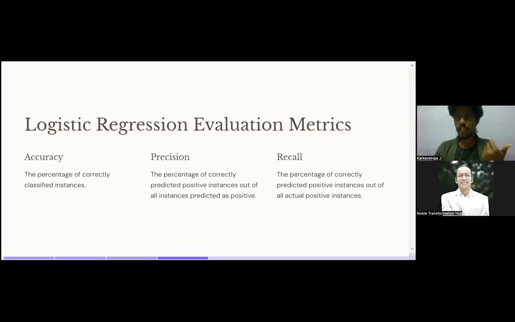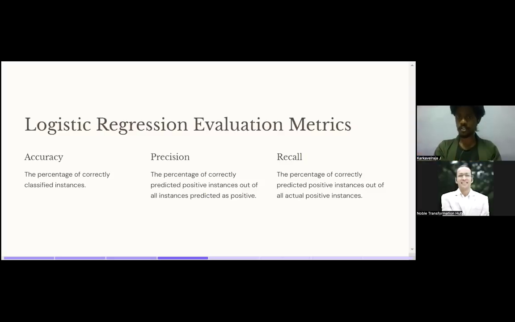Accuracy is the percentage of correctly classified instances. The next metric is precision, the percentage of correctly predicted positive instances out of all instances predicted as positive.